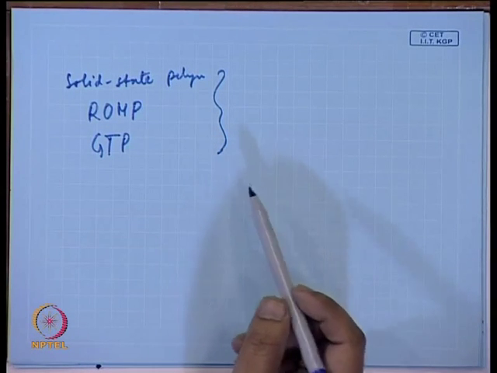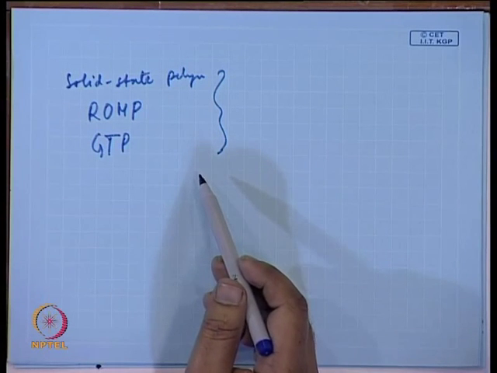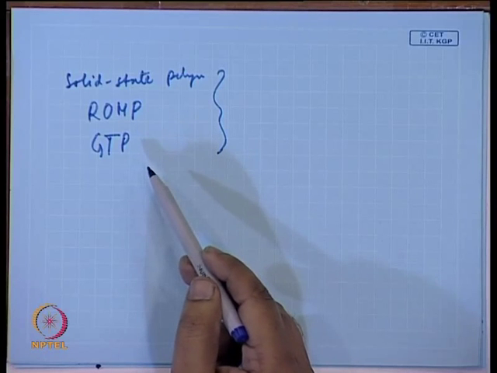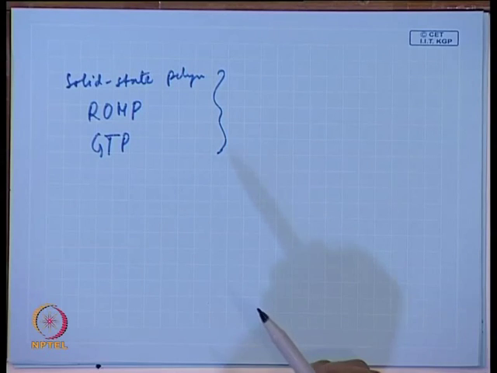In a general course like this on polymer chemistry, we are not going into details of these specialized polymerization techniques. If you are interested, you can read or consult a specialized book on polymer synthesis to know more about them.